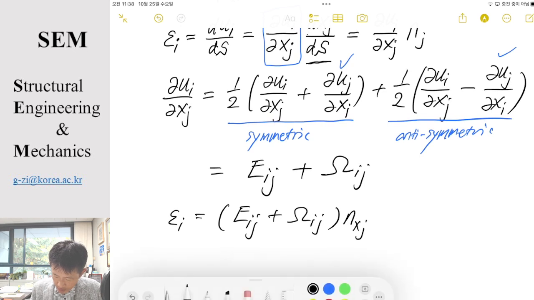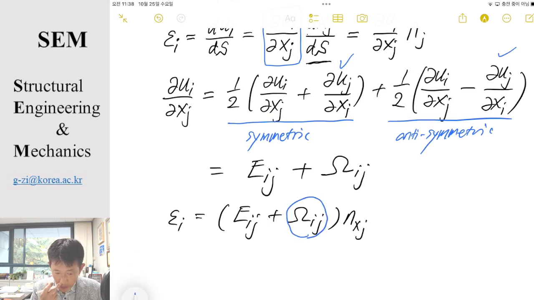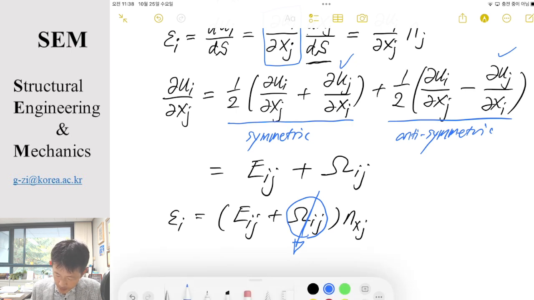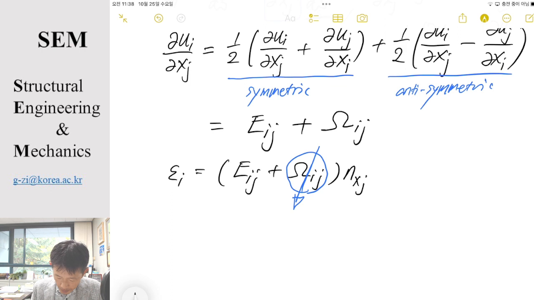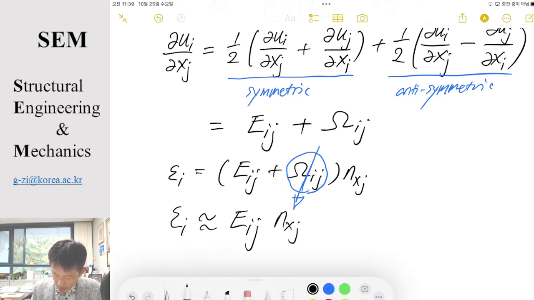So make sure that this guy represents a rotation. In the case of small deformation, we can drop this. In the case of small deformation, rigid body rotation is not that much. That's why the strain vector can be approximated as epsilon i equal to Eij nj. That's how we write this.